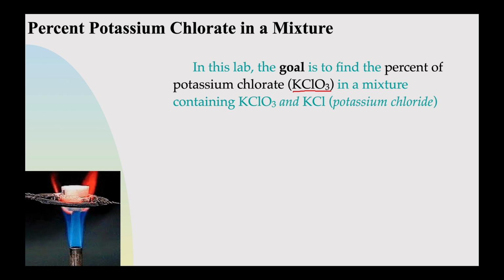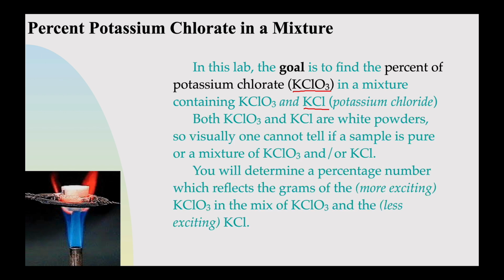And what it decomposes into, as we're going to see, is potassium chloride. So there's a chlorate, which is potassium chlorate, KClO3, and potassium chloride, KCl. And the goal is to find the percent of potassium chlorate in the mixture. The potassium chloride is not as exciting as the potassium chlorate.